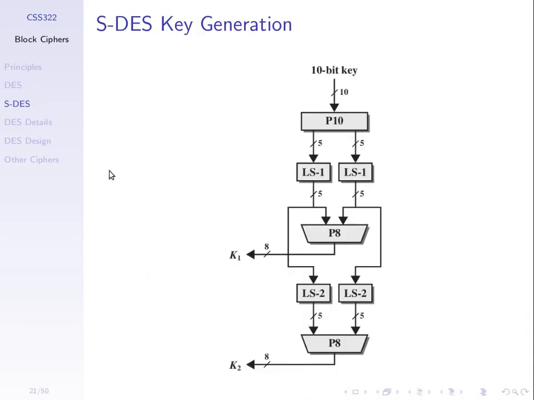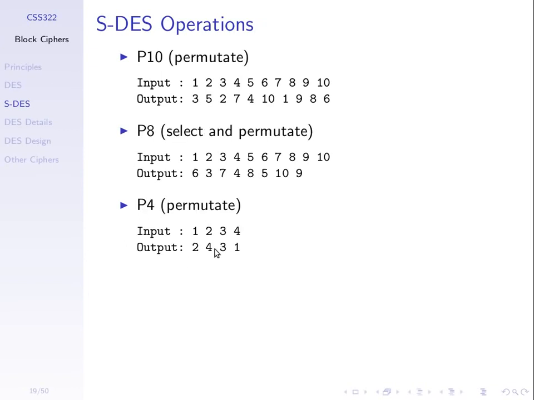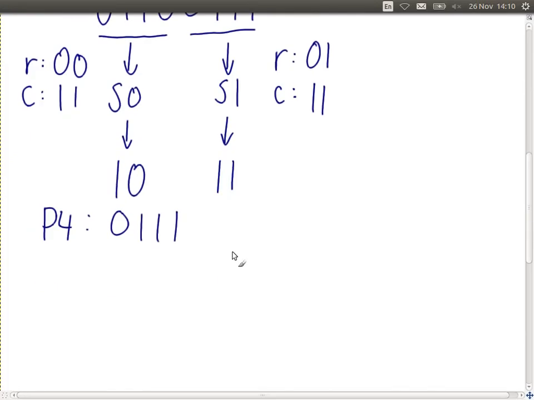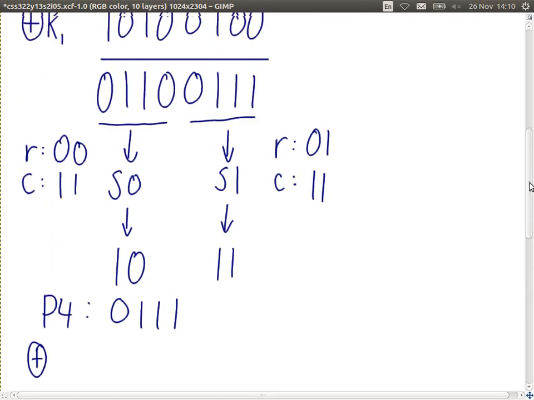P4 is defined here, a rearrangement. Bit 2 becomes the first bit, and then the remaining 3 bits at the end. And XOR that with the left half, we have it up somewhere.